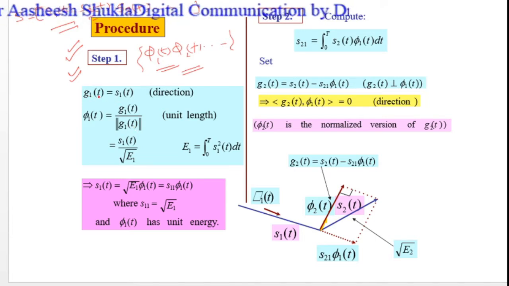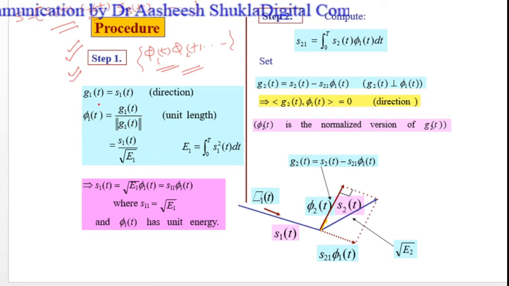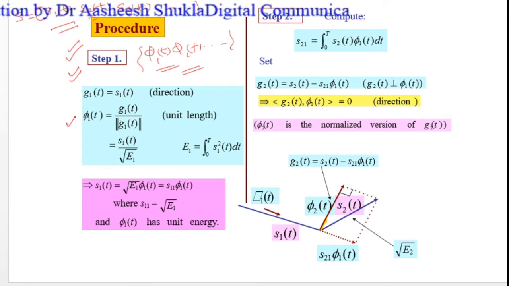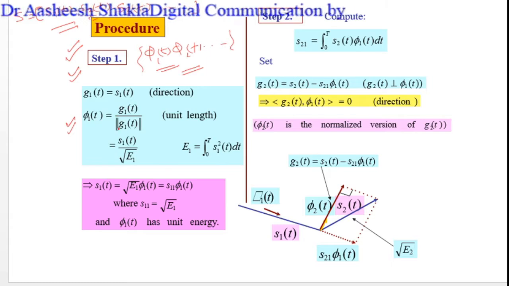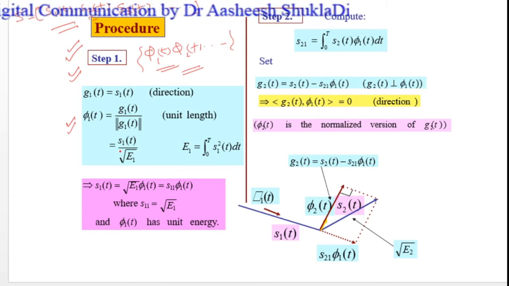So G1(t) is equal to S1(t). To normalize it, we will divide this vector by the length of the vector. So the length of the vector will be the norm of G1(t). So phi 1(t) will be equal to G1(t) divided by the norm of G1(t). And fortunately G1(t) is nothing but S1(t). So here S1(t) is divided by the norm of S1(t), and the norm of S1(t) means the square root of energy.